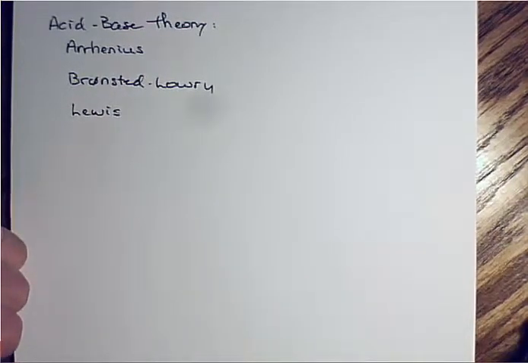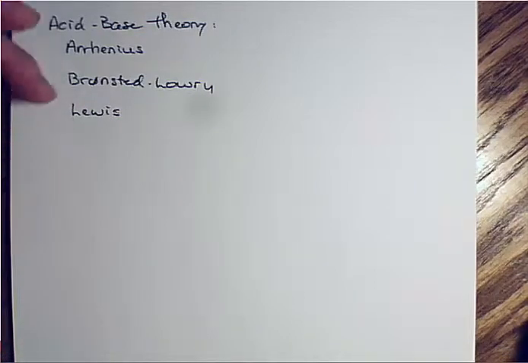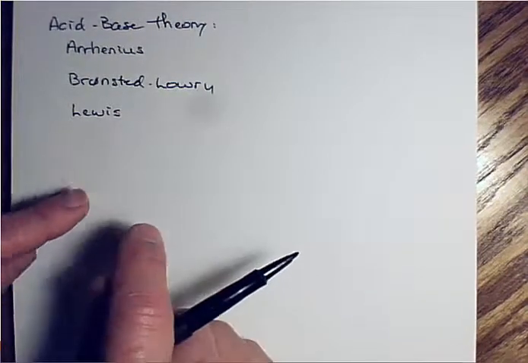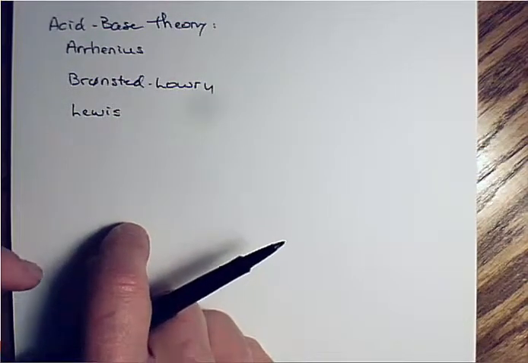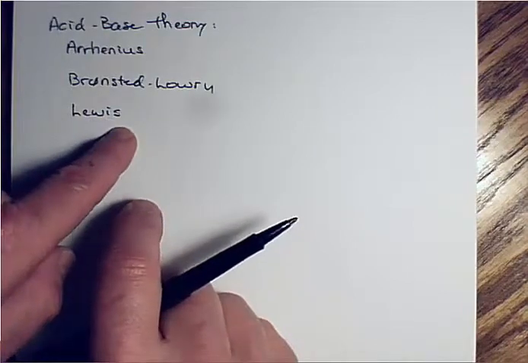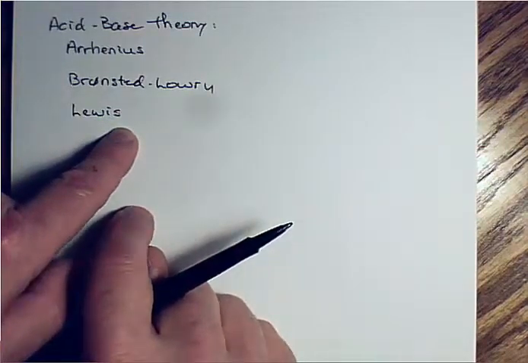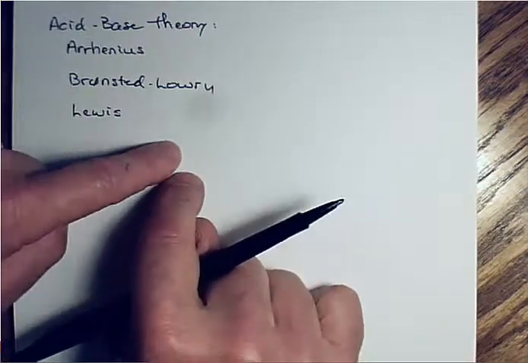So a Lewis acid accepts a pair of electrons in a covalent bond, and a Lewis base donates or shares a pair of electrons in a covalent bond. So this is not the same thing as covalent bonding, where we first described covalent bonding way back in Unit 3 as one atom coming to the bond with an electron, another atom coming to the bond with an electron, and they share those two electrons.